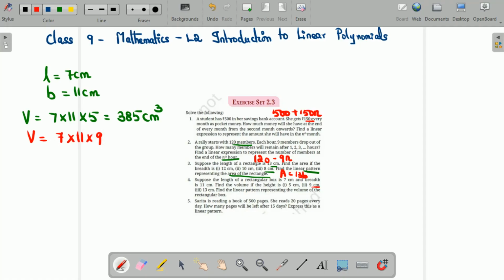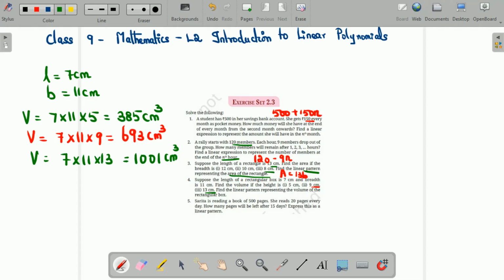So 7 into 11 is 77, into 9, which is going to be equal to 693 centimeter cube. Now in the last case, V is going to be equal to 7 into 11 into, what is the height here? That is going to be equal to 13. So we are multiplying 7 into 11, 77 into 13, which is going to be equal to 1001 centimeter cube.